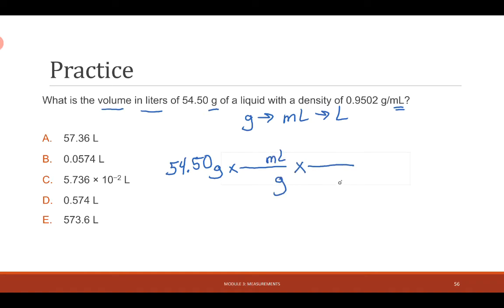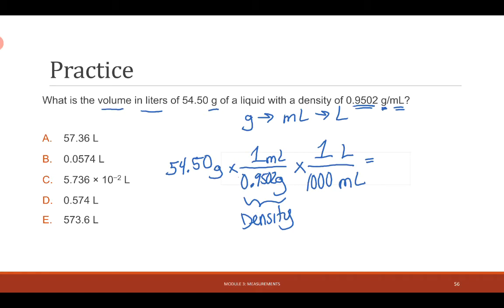And then I'll need to cancel out my milliliters and get to liters. So this grams to milliliters part is going to be my density. And so that's this front part attached to the G. And so that's 0.9502 grams in 1 milliliter. And then there are 1,000 milliliters in 1 liter.